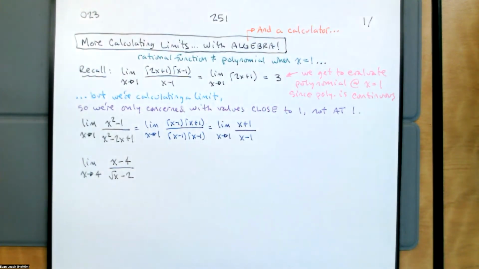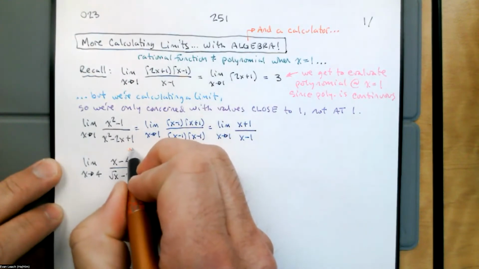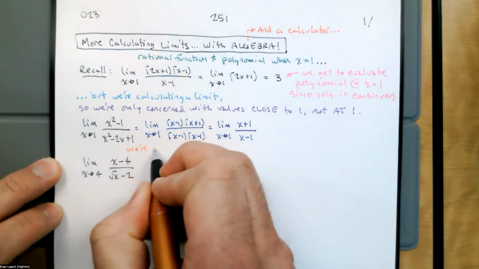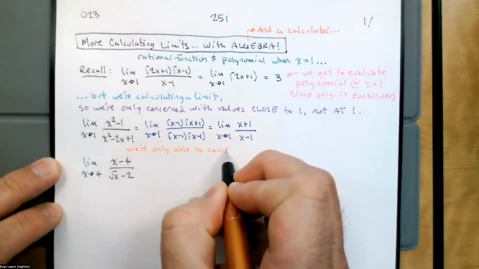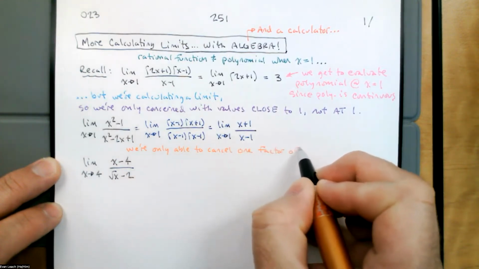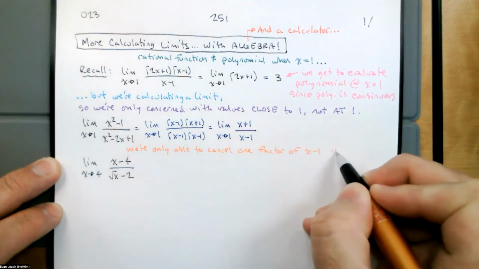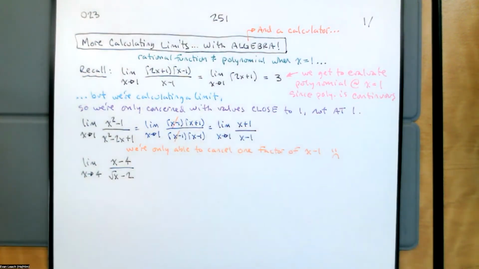So we are able to cancel out a factor of x minus 1, but there were 2 down there causing problems. Good news, we were able to cancel one of the factors of x minus 1.